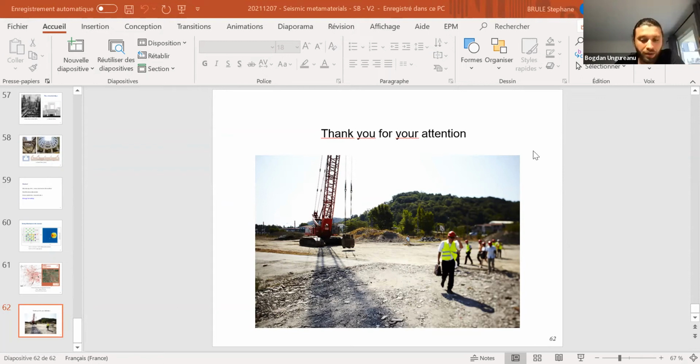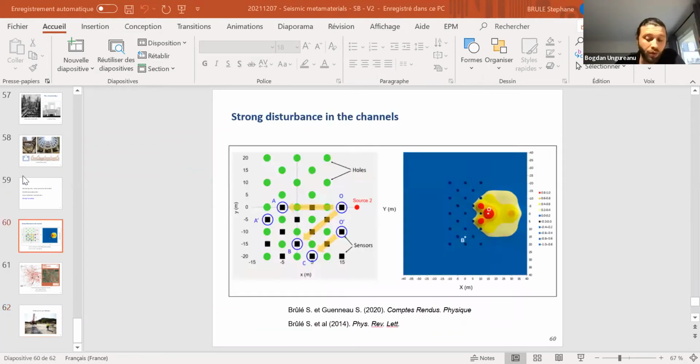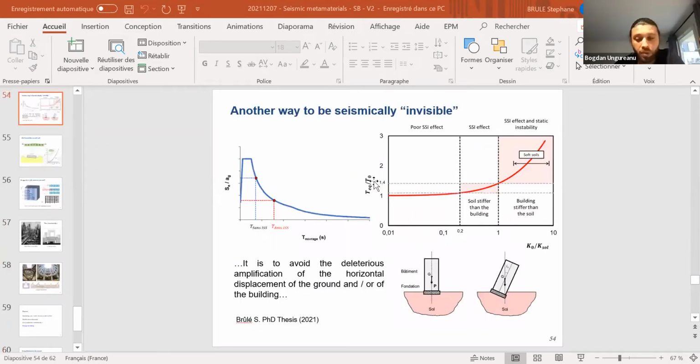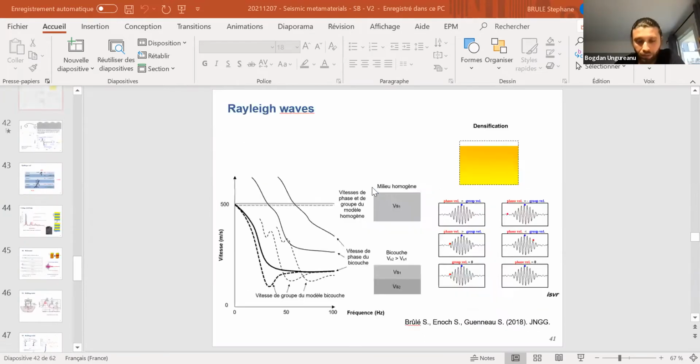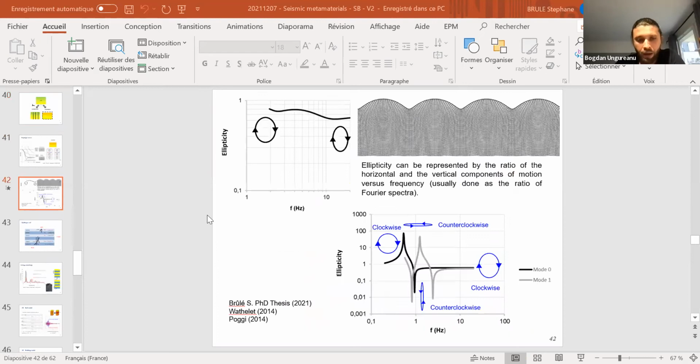Maybe you can explain a little bit more, first of all, how we can change the polarization of the Rayleigh waves with the help of the metamaterials, and also describe the effect of the vertical and the horizontal component, the difference between them, and the effect that can have on the structures.